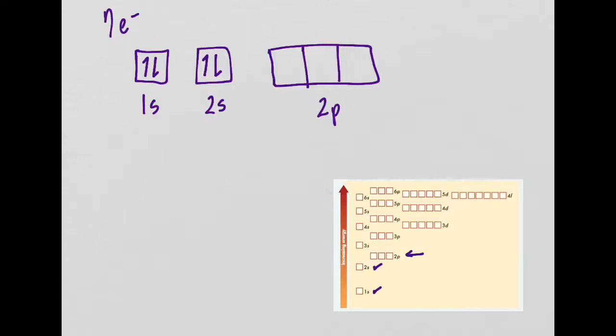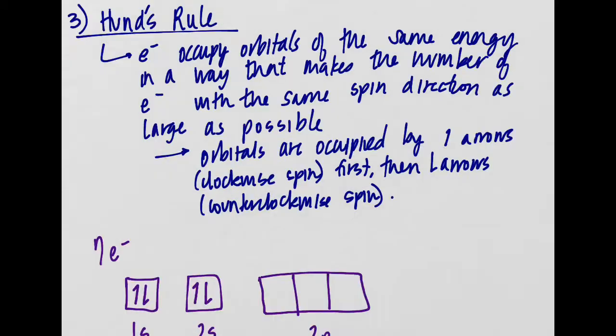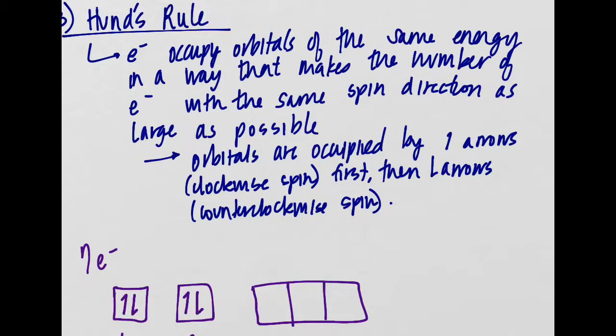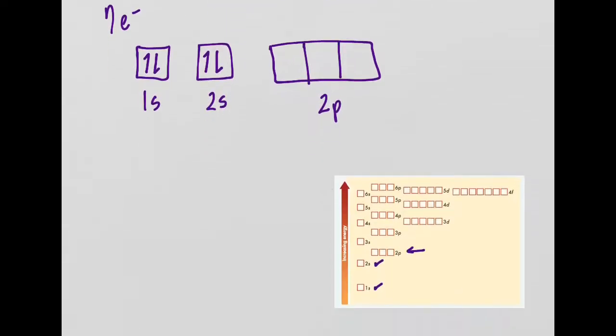Because of this rule, Hund's rule, I'm going to put this one first. This is where Hund's rule really comes into play. You would think maybe that would be your 6th one, and this would be your 7th.